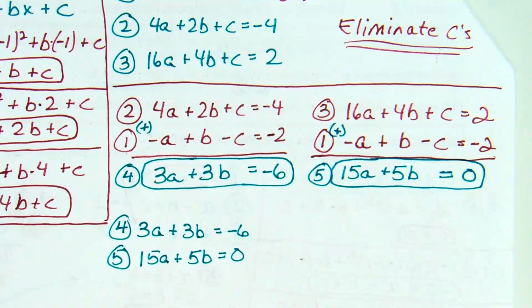Your choice. What do you guys want to do here? We should do it. A? Okay. So cancel the a's, because we only have to multiply one of the equations by something. They're both pretty easy here. So how do I get 3a and 15a to be the same? Times it by 5. Specifically, we want opposite signs. Make it a negative 5.